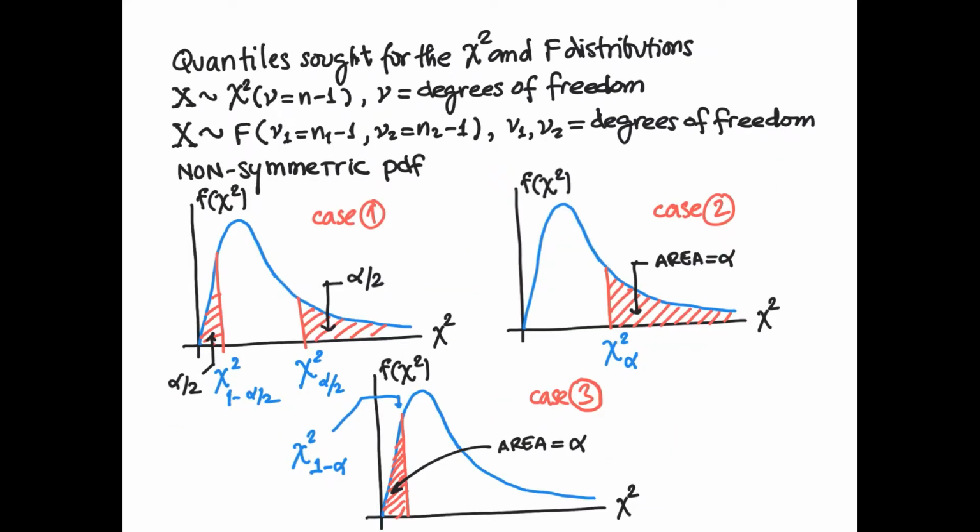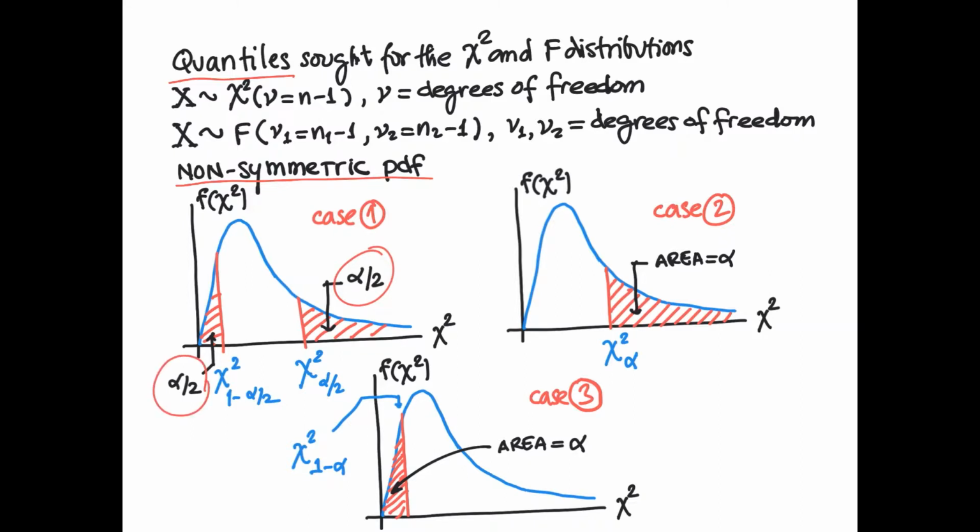For the chi-square and F distributions, the quantiles that we seek will be more complicated because the PDF is non-symmetric. And so we have one case where we split the significance level alpha in half, to the right and half to the left.